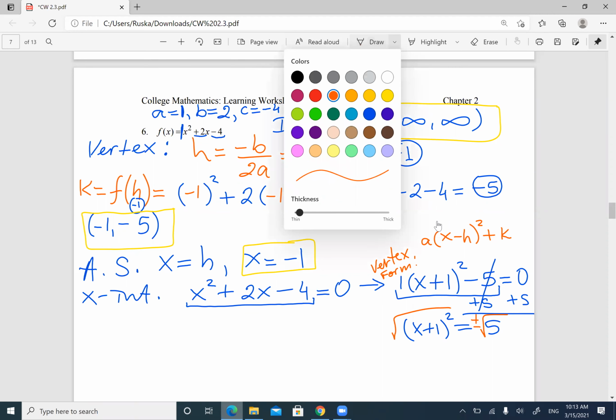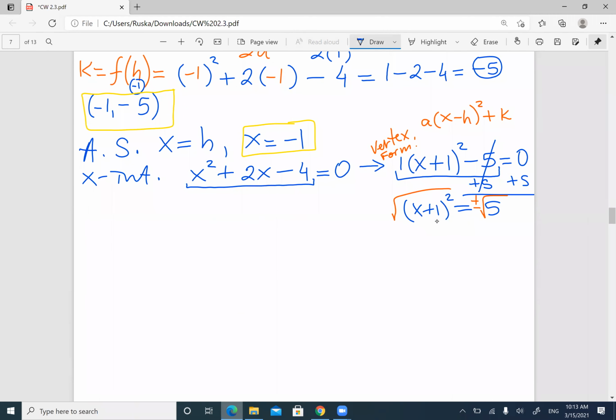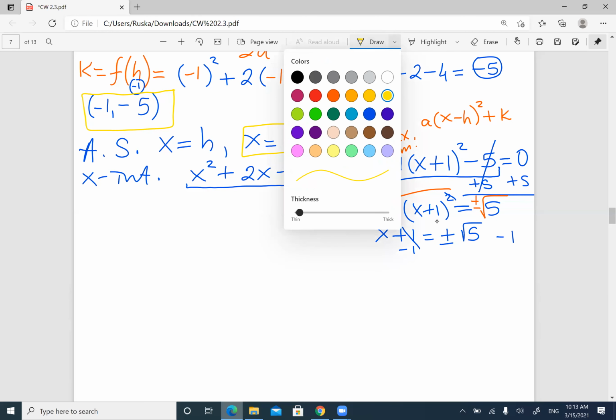And you're going to solve it from there. So the square root cancels the square. We have x plus 1 equals plus or minus square root of 5. And then you're just going to subtract 1 on both sides. So this is your x equals. So x equals this.